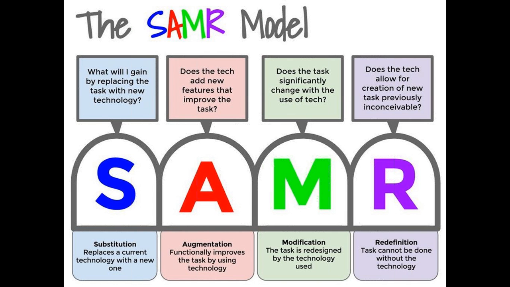At the augmentation level, the guiding question here is, does the technology add new features that actually improve upon the task at hand? Have I added any improvement to the task process that could not be accomplished with the older technology? How does this feature contribute to the design of the task?